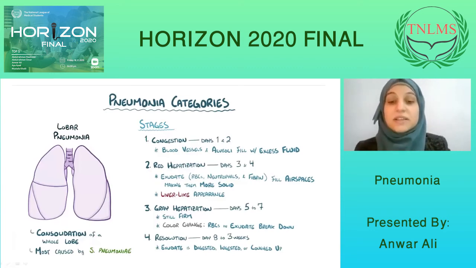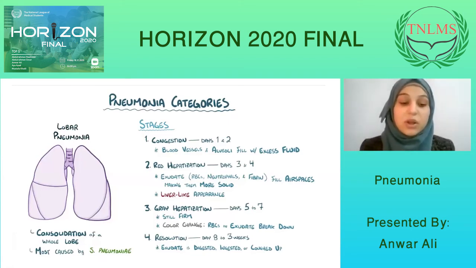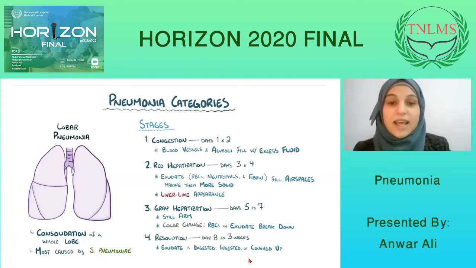The third stage is called gray hepatization, which happens around day 5 to 7, and here the lung is still solid, but the color has changed because the red blood cells in the exudate start breaking down. The last stage is called resolution, and it happens around day 8 and can continue for 3 weeks.